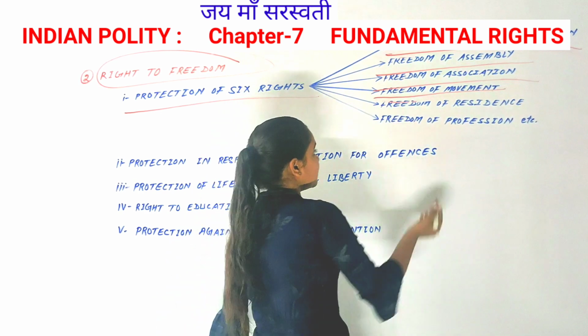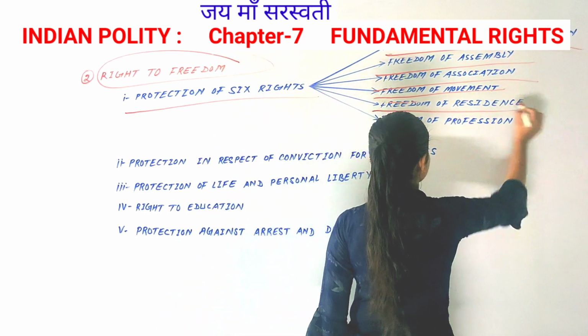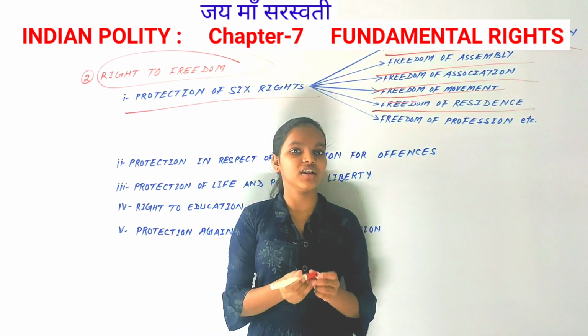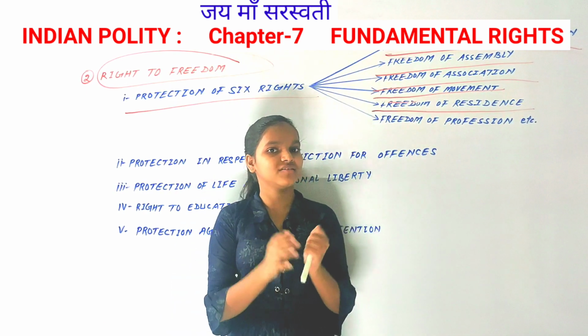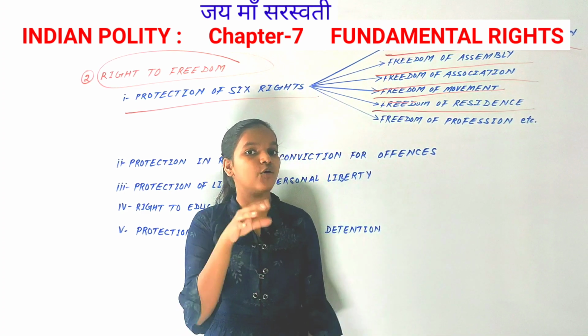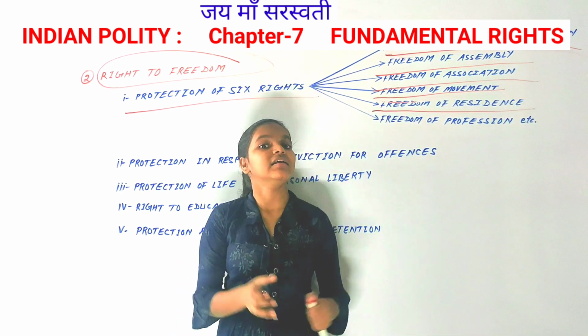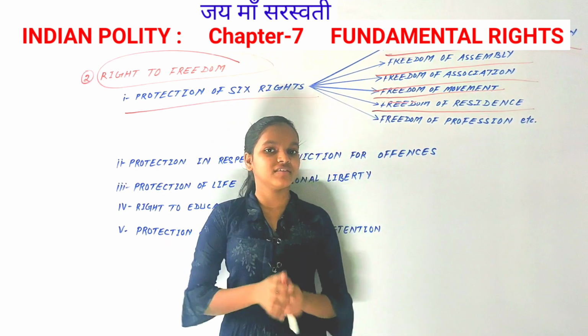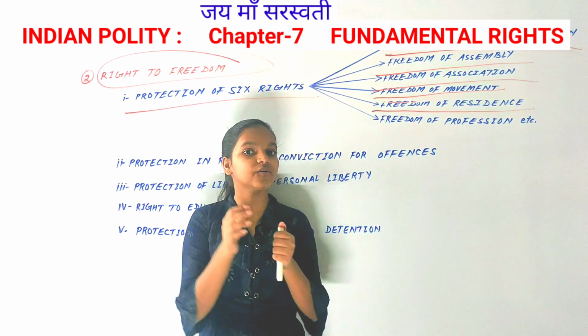And next is freedom of residence. Freedom of movement and freedom of residence are complementary to each other; they overlap and are almost the same.